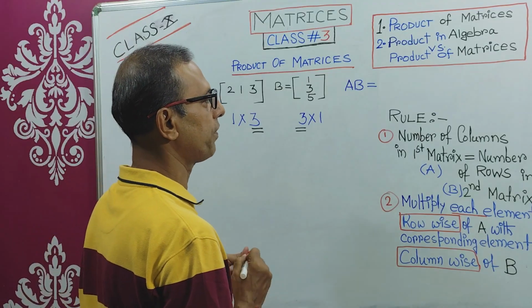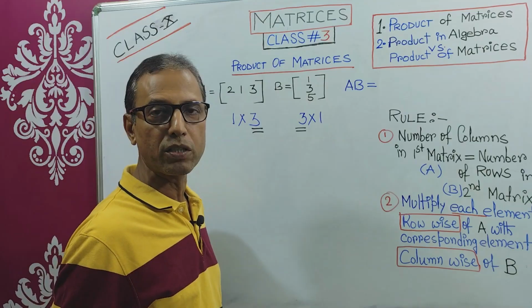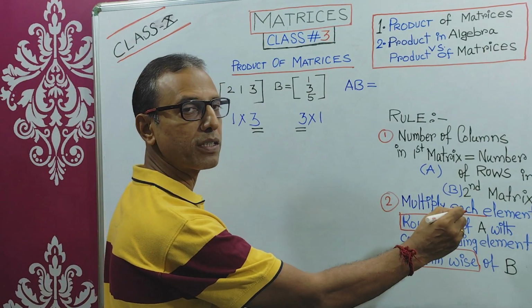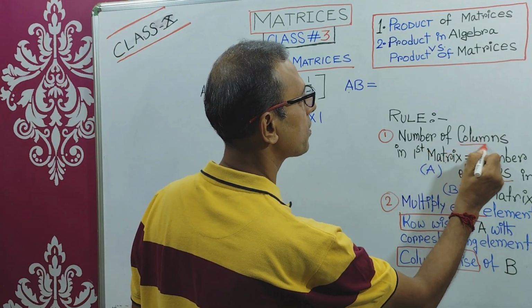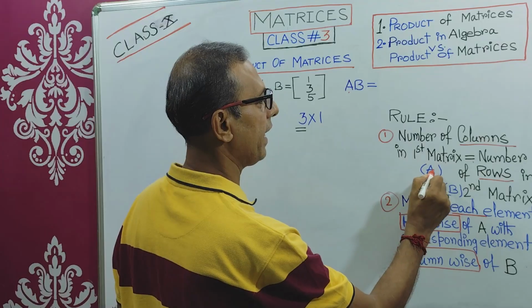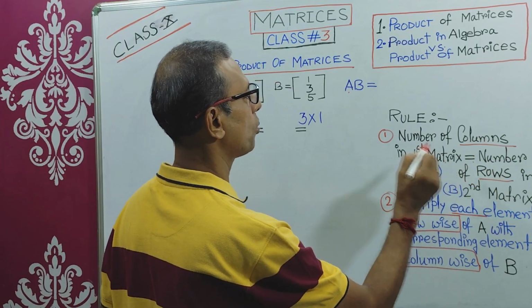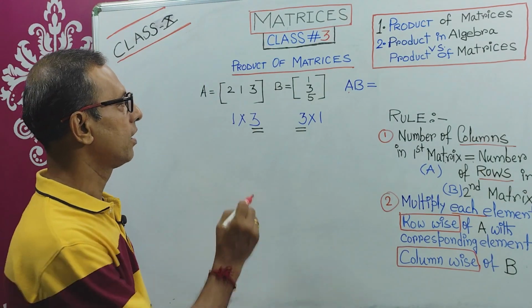The first thing is that you need to see whether the product is at all possible for these two matrices or not. If it is possible, then you go for the second step, how to multiply. The number of columns in first matrix A equals the number of rows in second matrix B. That is the condition of product of matrices.